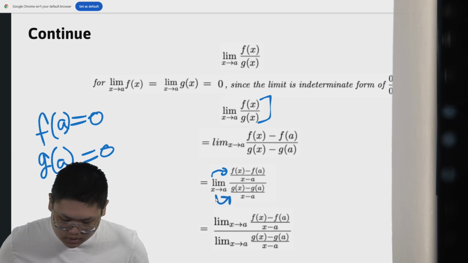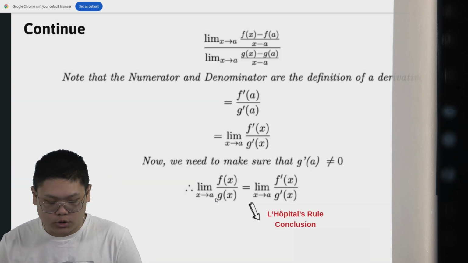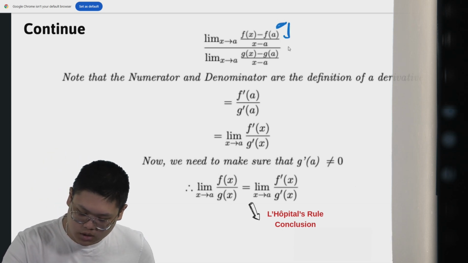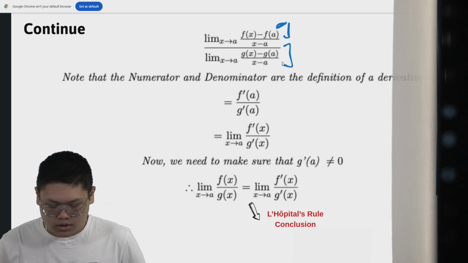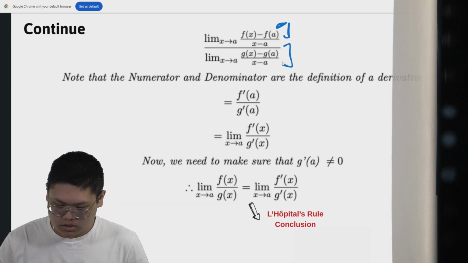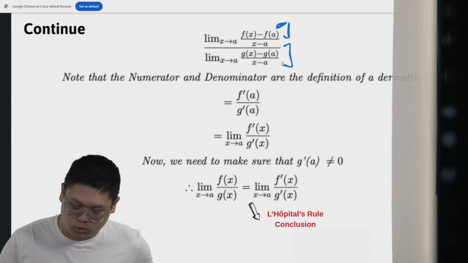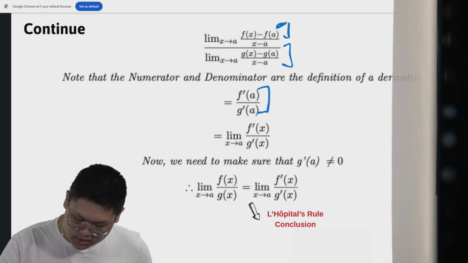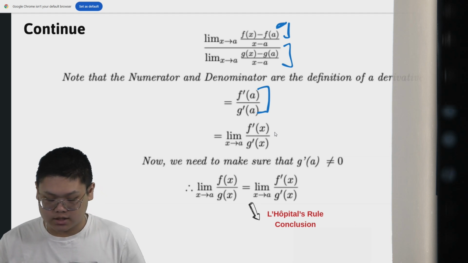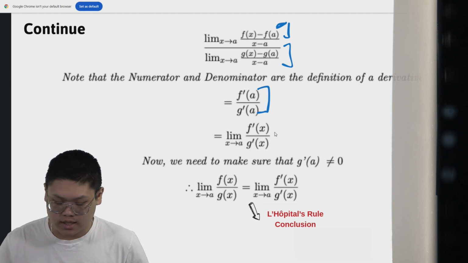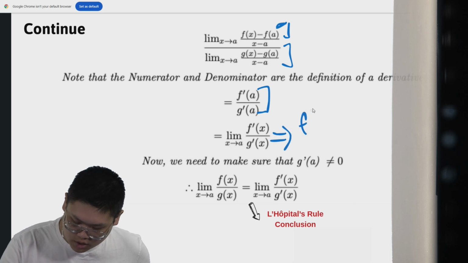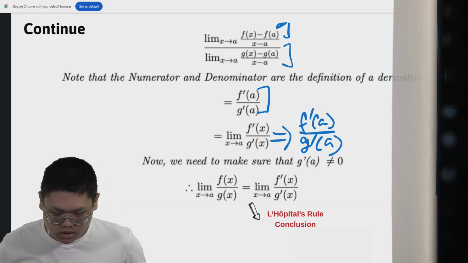And now if you see, after we put the limit on the numerator and denominator, these two are now the definitions of derivative. So we can take the limit, and that will result in f prime of a over g prime of a, which is equivalent to the limit as x approaches a of f prime over g prime, since this limit approaches f prime of a and g prime of a.